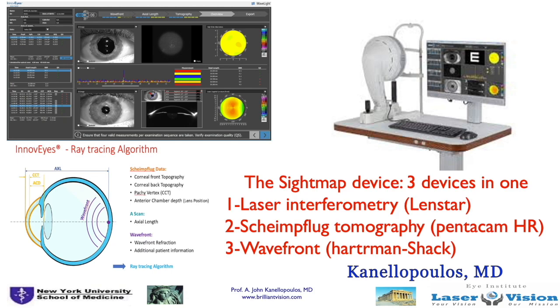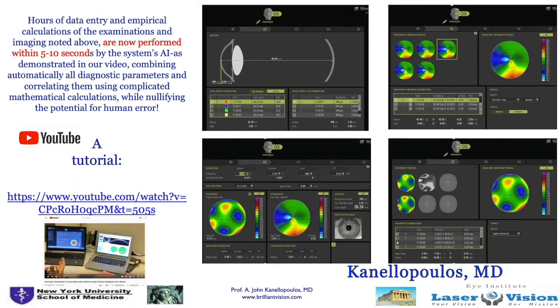And you can see the report on the top left here on how these data are incorporated to produce the model, and the model of each eye is calculated. On the top left, we can see the interferometry data that are used for the device to formulate a 3D model of each eye that it studies.